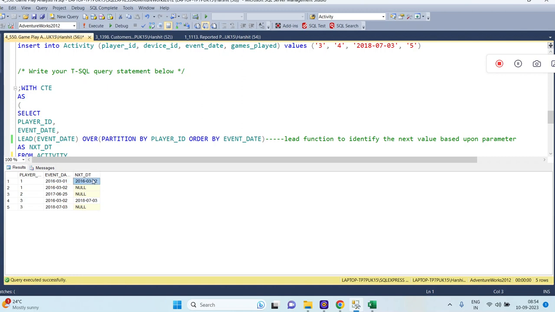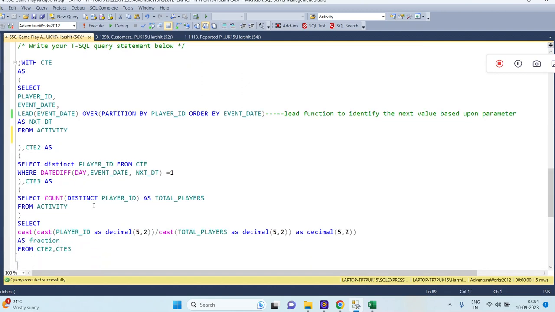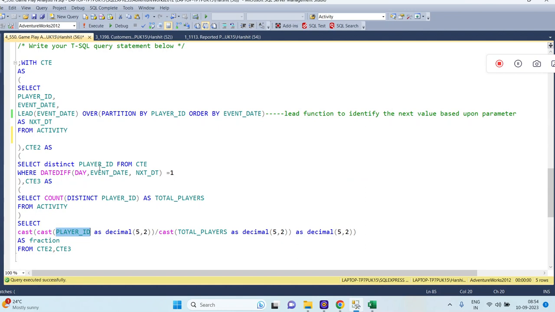Because the next day event date should be the next day of the first event date. So there will be only one day difference between these two dates, and now we need to identify the players who logged in, or whose event date is the next day of the first event date. So that will be the distinct player count, which is one.